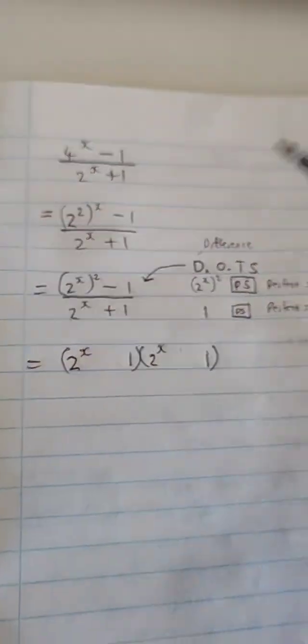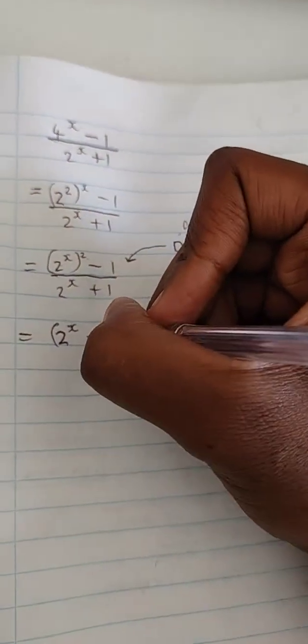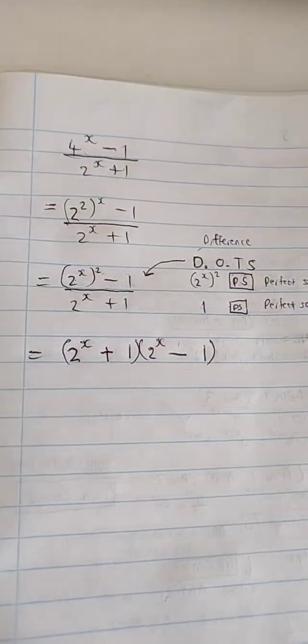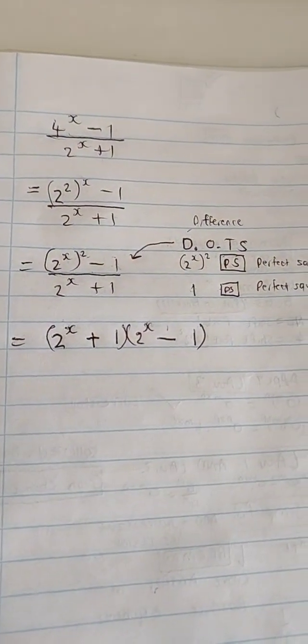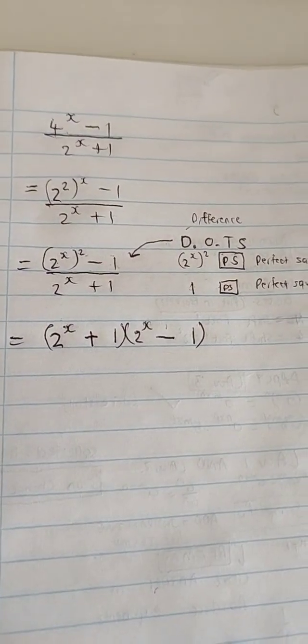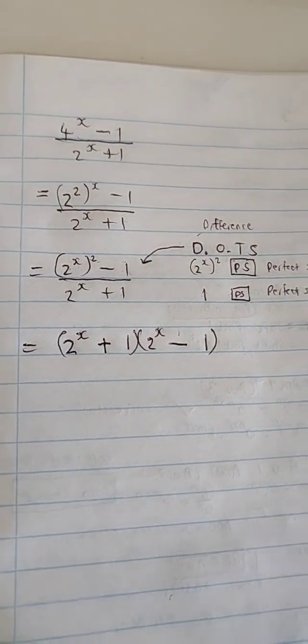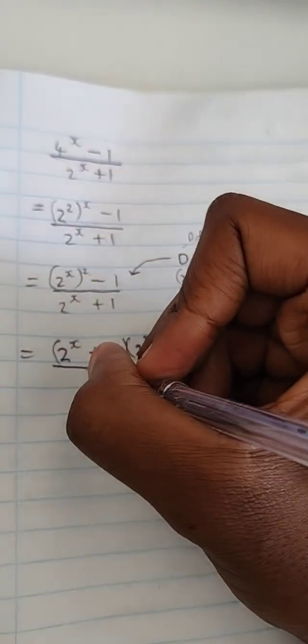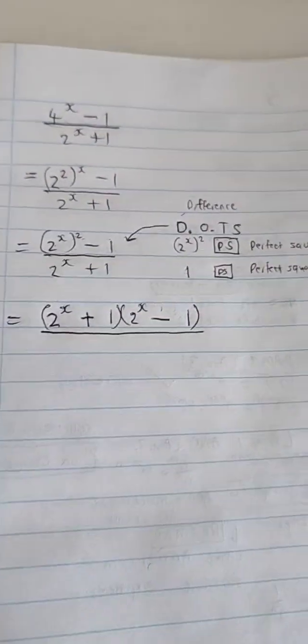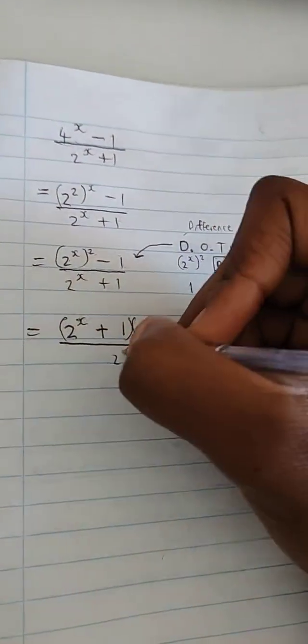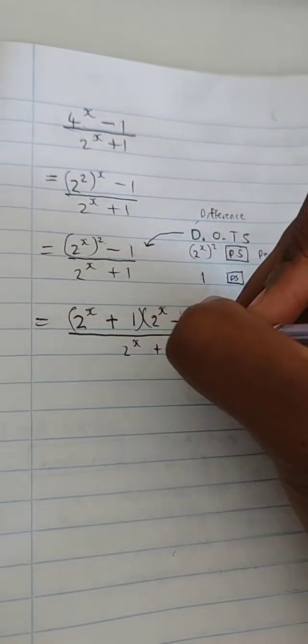Then, as with most differences of two squares, you put a plus here, a minus there. I teach all grades, grade 8 to 12 in high school. There's no grade that I don't teach. Over 2 to the power x plus 1.